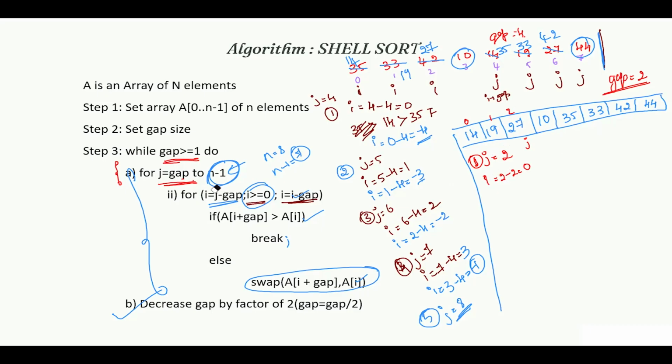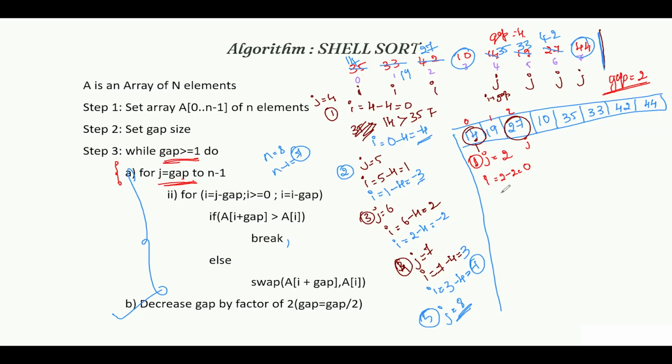Let me clear this. So j minus gap is nothing but now current value of j is 2 and the value of gap is 2. Hence it is going to be 0, which means my iteration is going to start from here. So I'm going to compare these two just like before. And then as I'm finding that it is in the correct order, I will not swap.